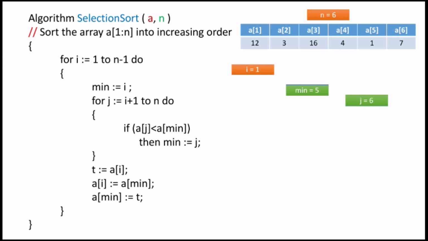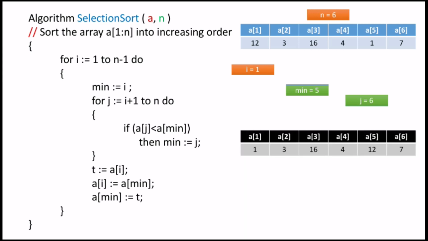After executing these three statements, at first position 1 will be saved, and at fifth position 12 will be saved. So this will be our array after exchanging the numbers. So this is our first pass where we got our first number of sorted list.